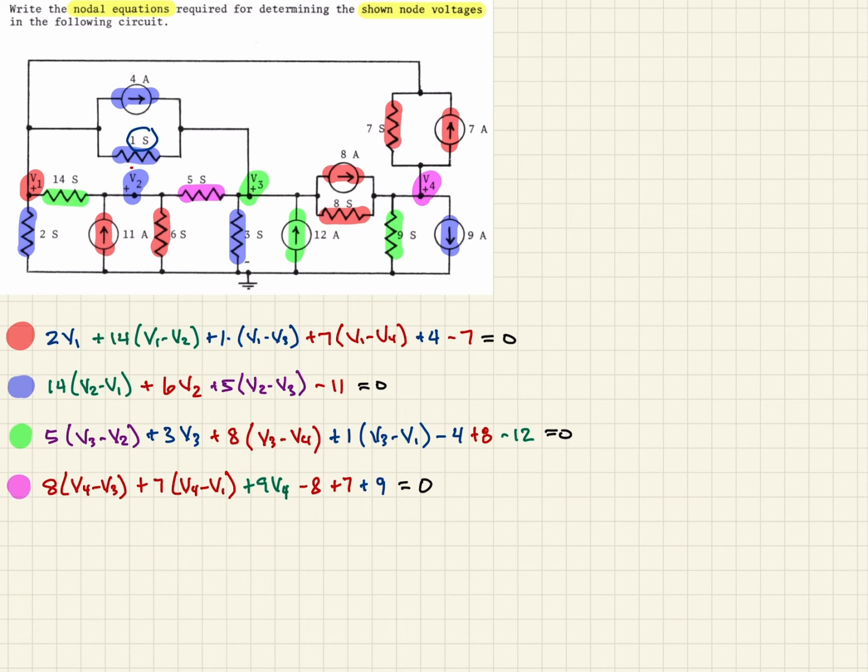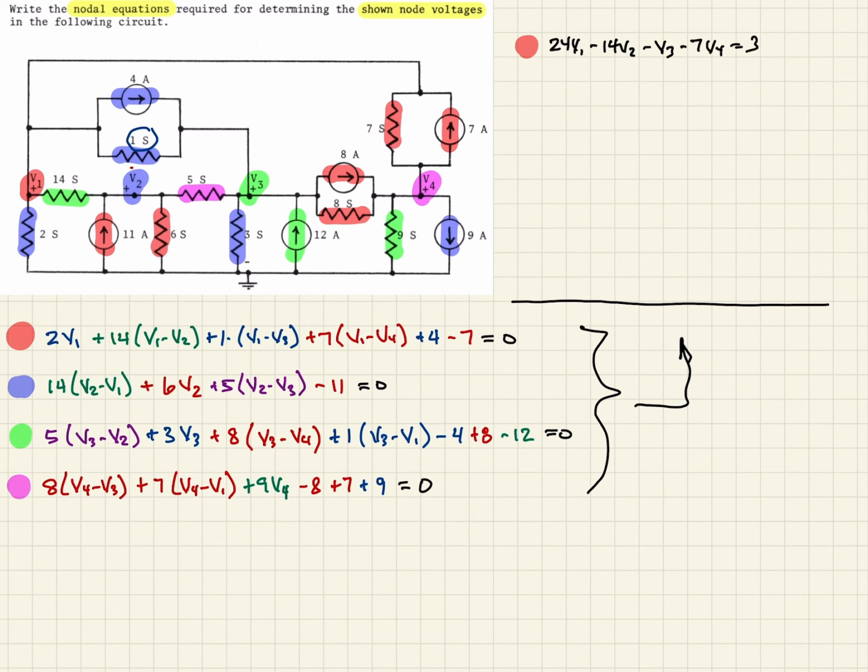So now we can reduce everything and gather up like terms. So we want to do that for these 4 equations. So I'll rewrite those up here. So first, we'll do the red node, or V1, and what it'll reduce down to is 24 V1 minus 14 V2 minus V3 minus 7 V4, and that's all equal to 3.